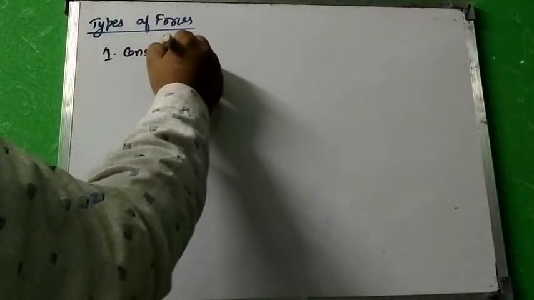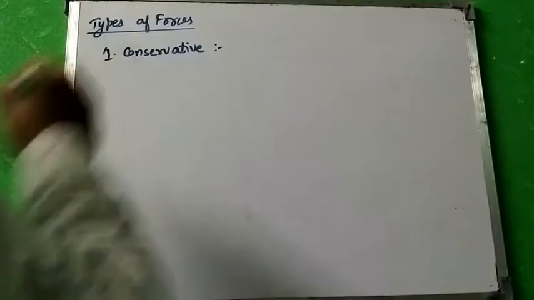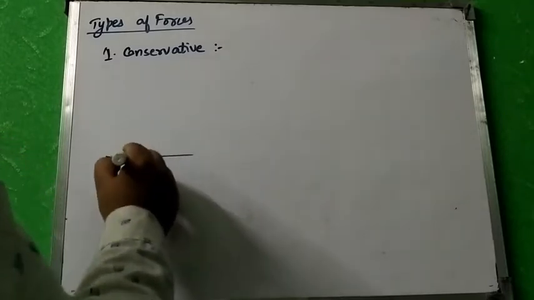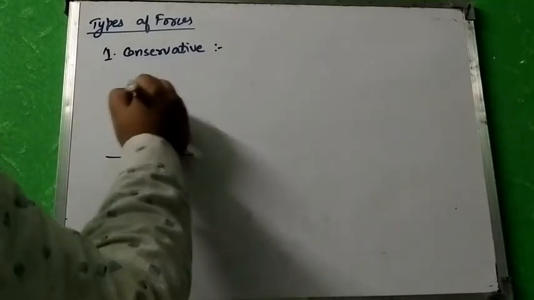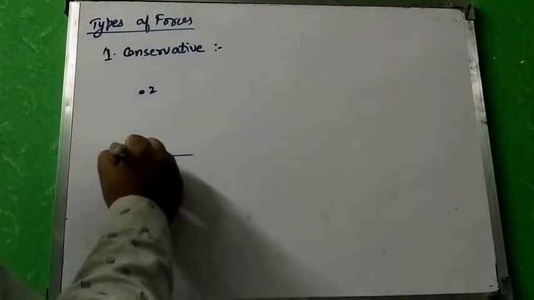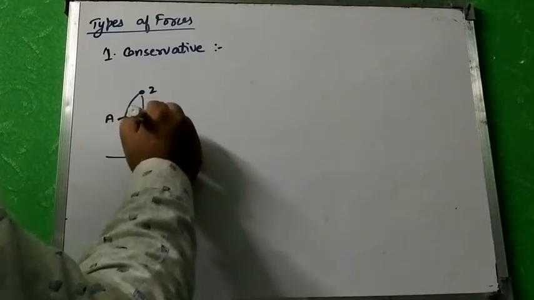First are conservative and second are non-conservative. Conservative forces are those whose work done depends on the initial and final position but is independent of the path followed. For example, I move a ball from position 1 to position 2 in three ways: A, B and C.